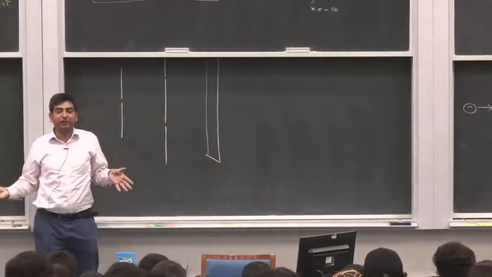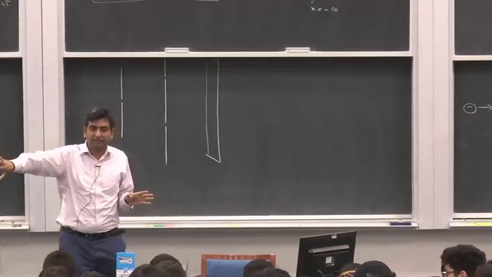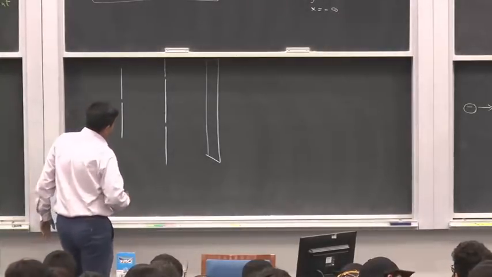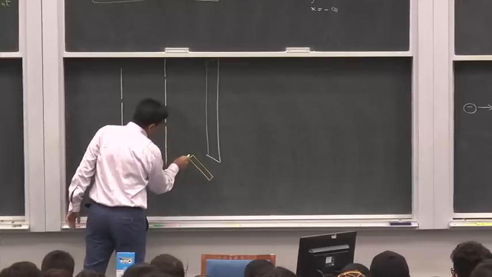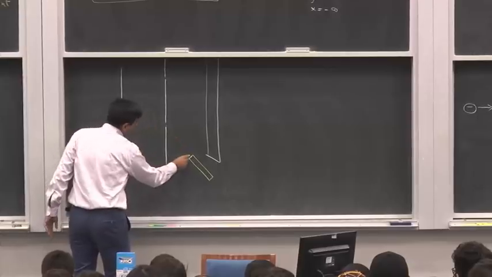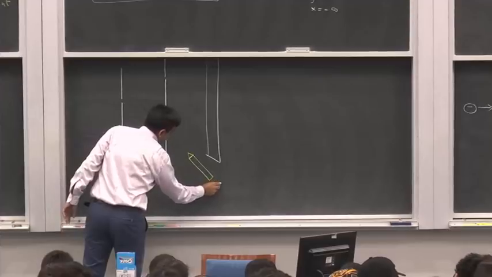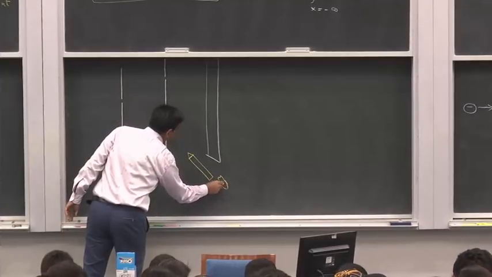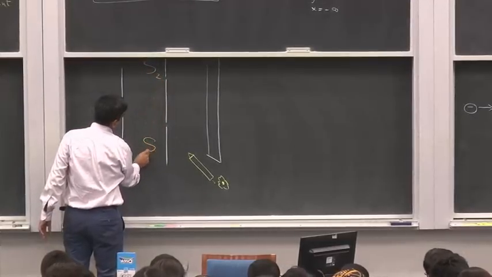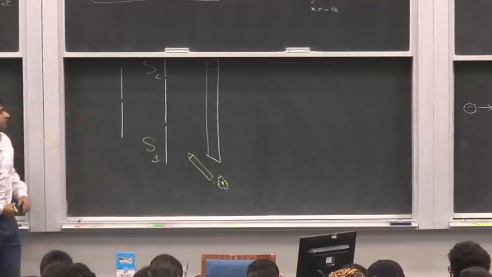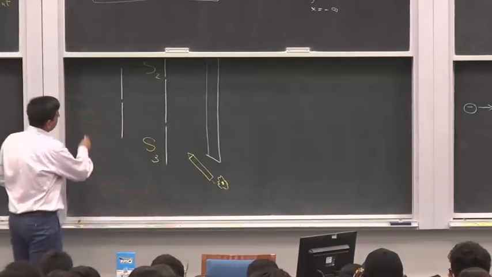Now let's look at another variant of this experiment so that I can explain this experiment from a different angle. Suppose I have a telescope. Now I perform this experiment once again with single electrons.